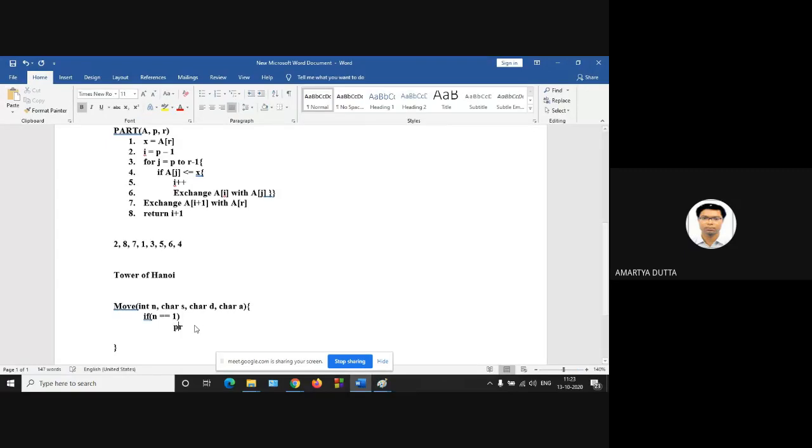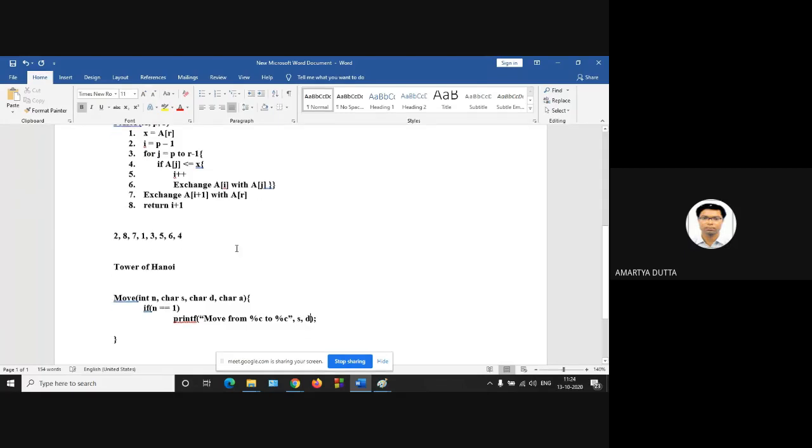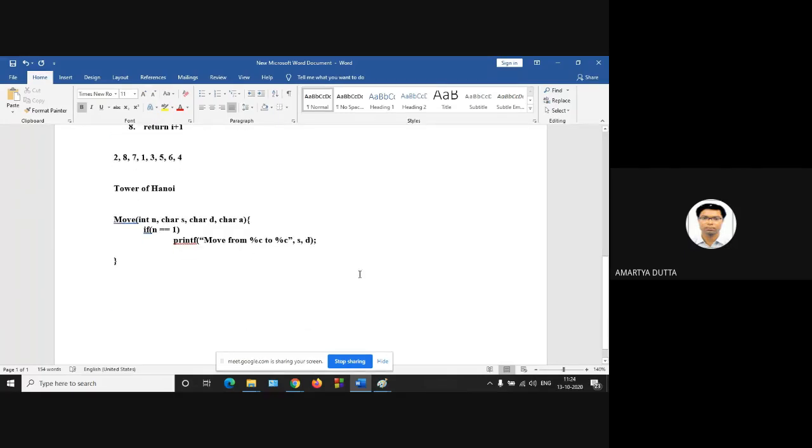So printf "move from %c to %c", and this will be your source and destination. Okay. Is it clear up to this? Yes, sir, clear. Just one disk is there.